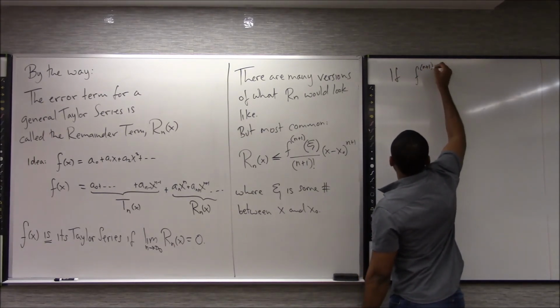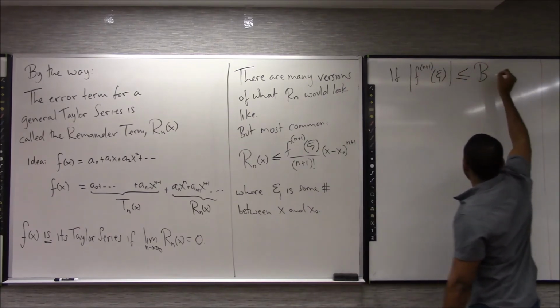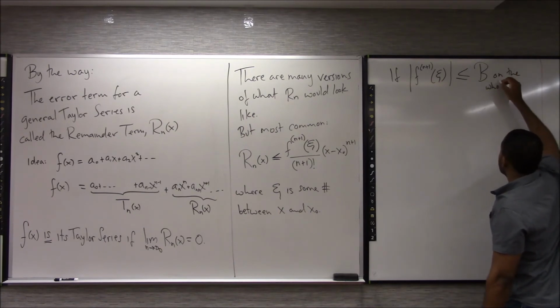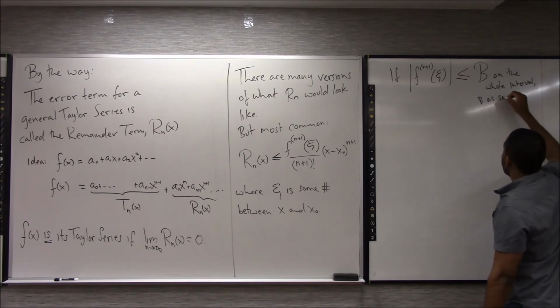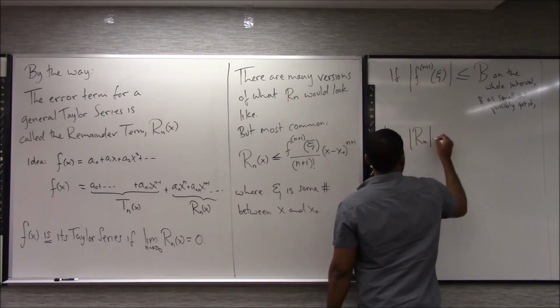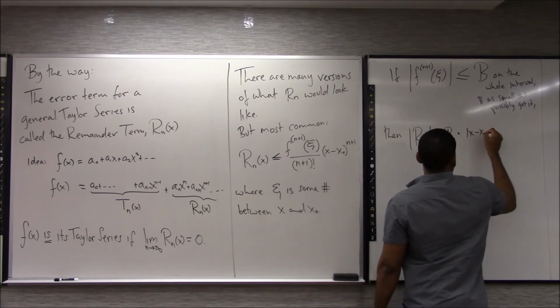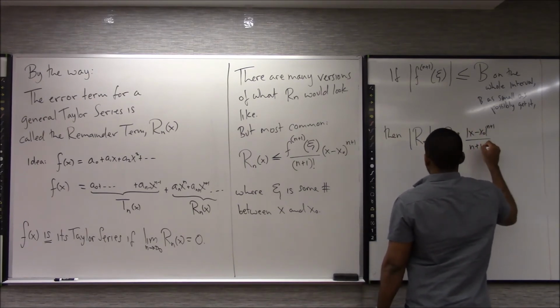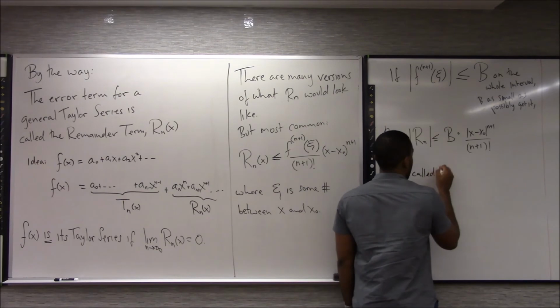So if f to the n plus 1 of this guy is less than or equal to some constant b on the whole interval, and b is chosen to be as small as you can possibly get it, then we can always say that the magnitude of the remainder term will be less than or equal to b times this, and this is called Taylor's inequality.